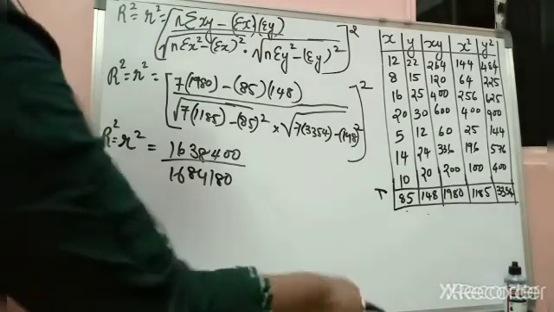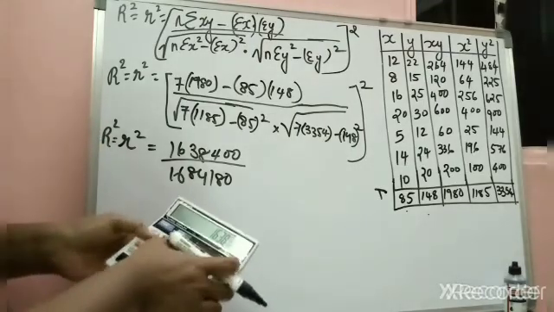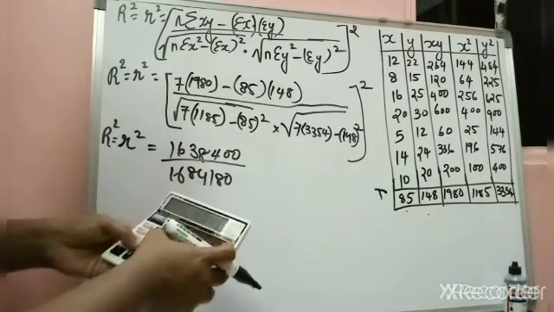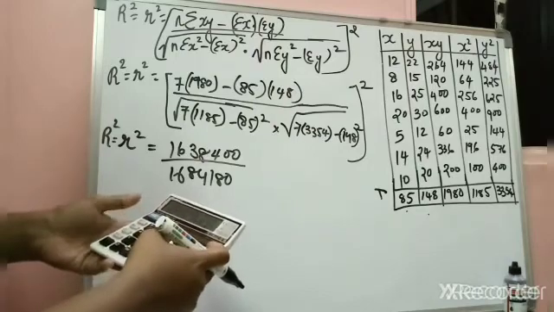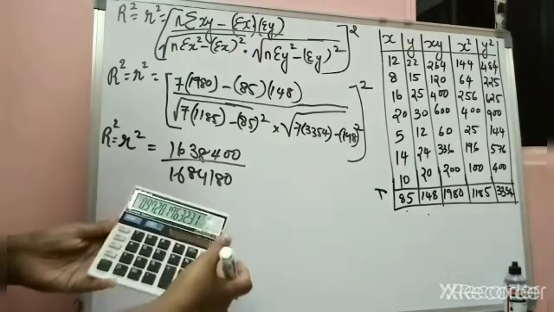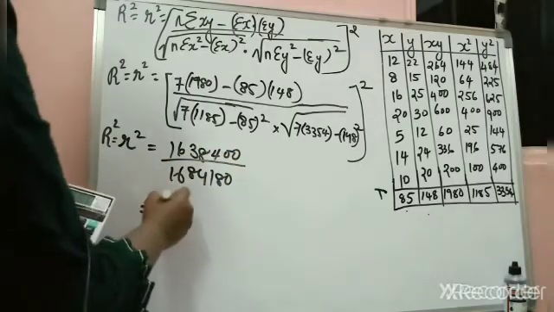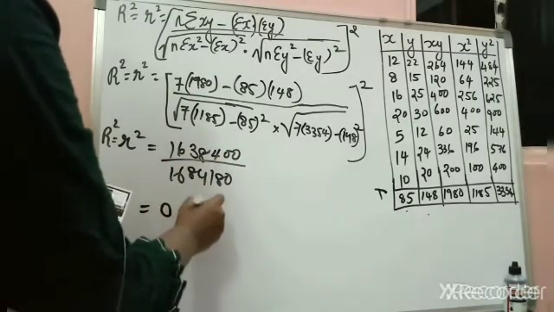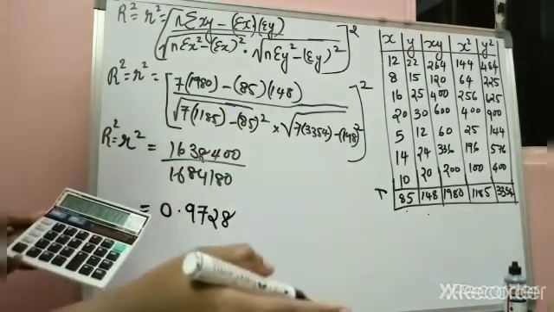Now you have to just divide it. So you can divide 1638400 by 1684180. So the answer is something like 0.9728. Like this would be your answer.